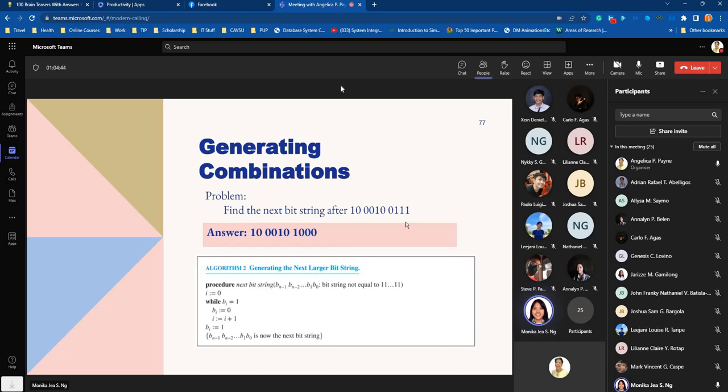As we all know, when it comes to bit strings, when we add 1 to 1, it becomes 0, but the 1 would carry to another 1. And since 0, 1, 1 is kind of equivalent to the number 999, the next number would be like 1000.